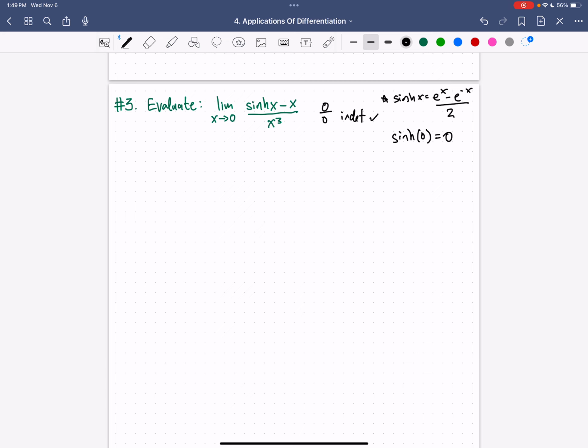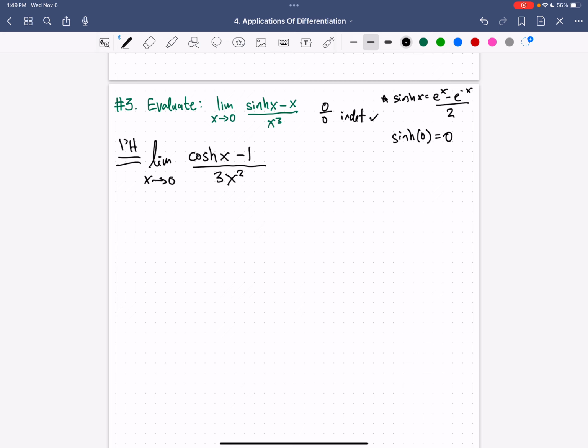And that gives us an occasion to use L'Hopital. So the limit as x goes to 0 of, the derivative of sinh is cosh, so we now have cosh x minus 1 over 3x squared.